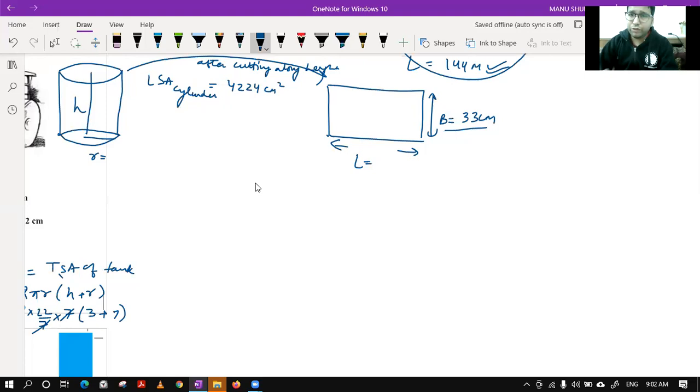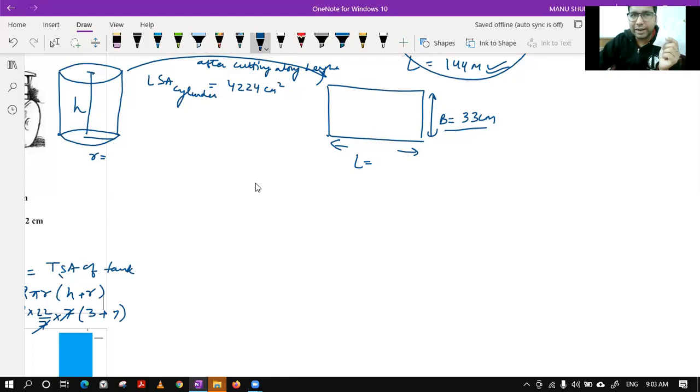Please tell me, if you are cutting along the height of the cylinder and it got opened and this thing is 33, then what is the height of the cylinder? Class, try to understand. If this was the cylinder and you cut along this height and you opened, and they are saying that this length is 33, can't you say that the height was also the same?